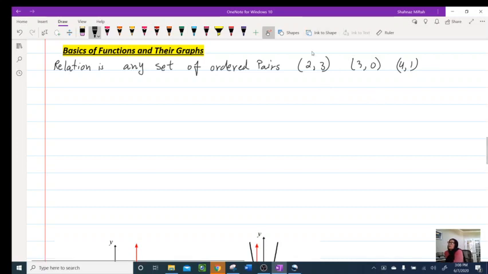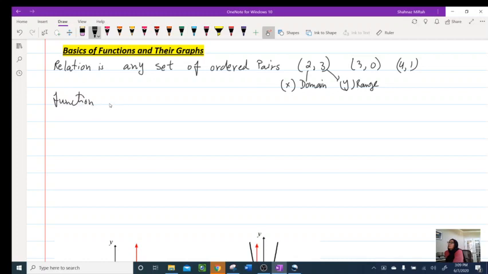The first number is always going to be the domain, and this is another way to say x values. This is always the y values, and we call it the range. So these are just different vocabulary words that you need to know. Okay, what is a function?